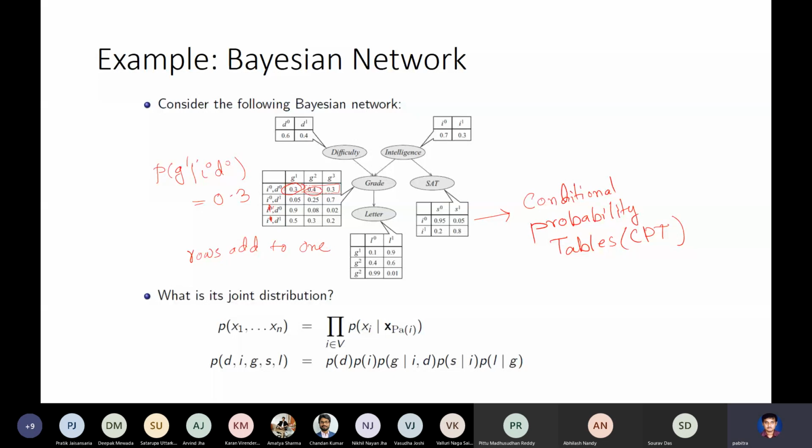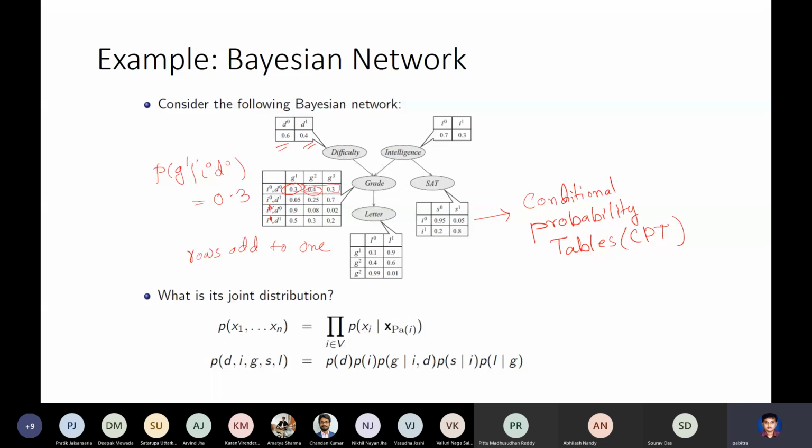Similarly, for every node we will have this. The nodes which do not have a parent would be just their prior probabilities. So the prior probability that a course is easy is 0.6, whereas the prior probability that the course is difficult is 0.4. Okay, so this is the complete representation of a directed graphical model, sometimes called a Bayesian network.